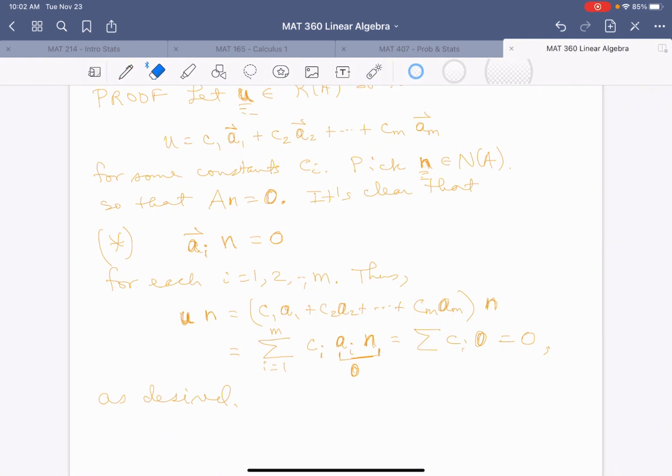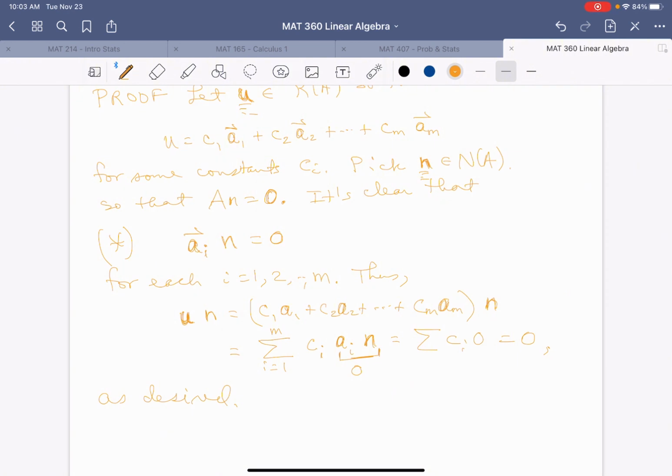And also here, because the dot product of those two is just the number 0. So again, the dot product is just a scalar, just a real number. So anyway, we've shown that the dot product of anything from the row space with anything from the null space is 0, which is what we wanted to show.